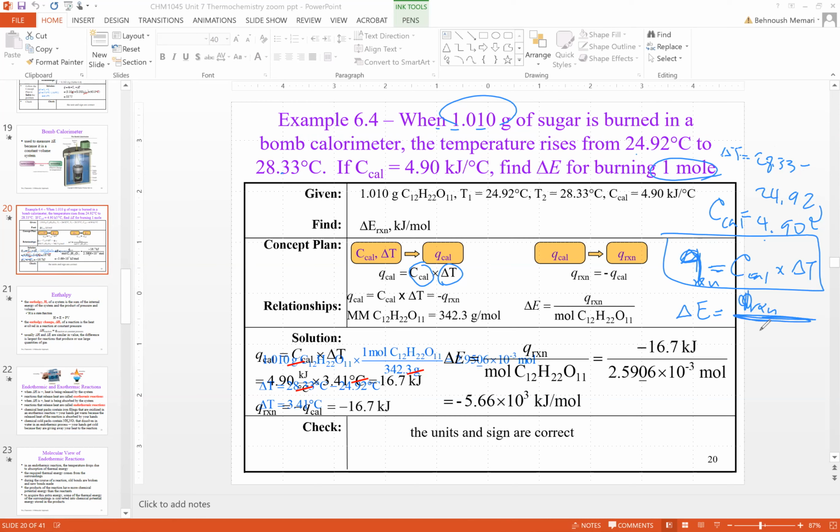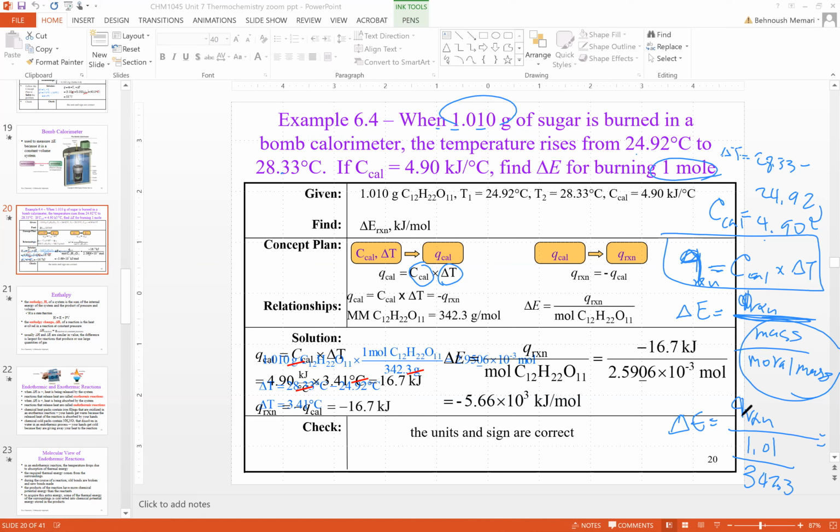To find the mole, it is mass over molar mass. So delta E equals Q of the reaction, whatever you find, divided by the moles: 1.01 divided by the molar mass for this compound, which is 342.3.